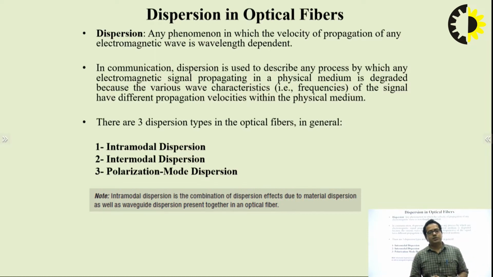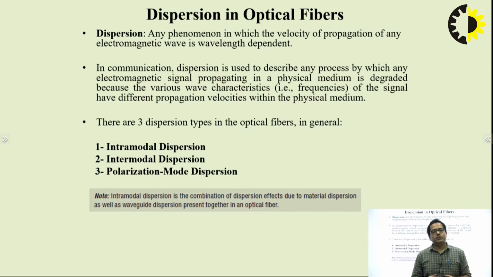Intramodal and intermodal dispersion basically occur because different modes propagate through the optical fiber with different velocities. If different modes propagate with different velocities, then they arrive at the end of the optical fiber at different times. So this leads to a spreading of an optical pulse.